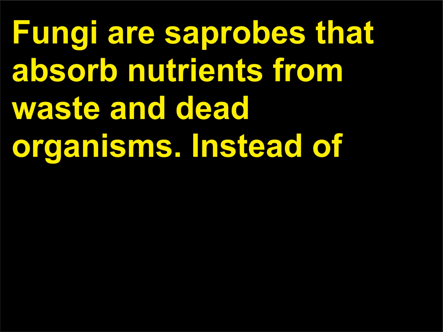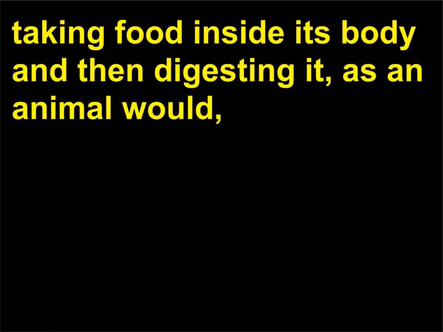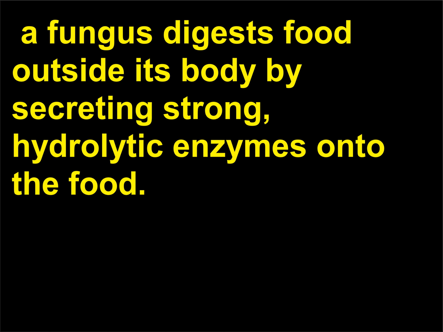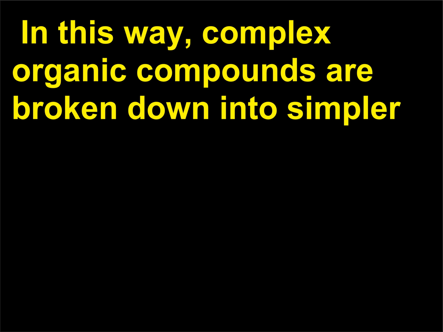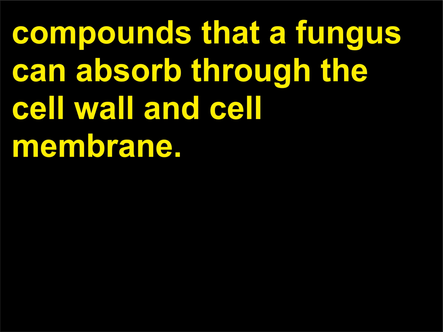Instead of taking food inside its body and then digesting it, as an animal would, a fungus digests food outside its body by secreting strong, hydrolytic enzymes onto the food. In this way, complex organic compounds are broken down into simpler compounds that a fungus can absorb through the cell wall and cell membrane.